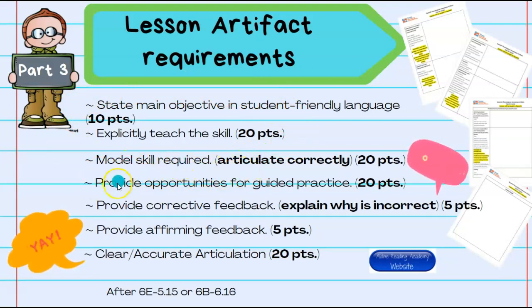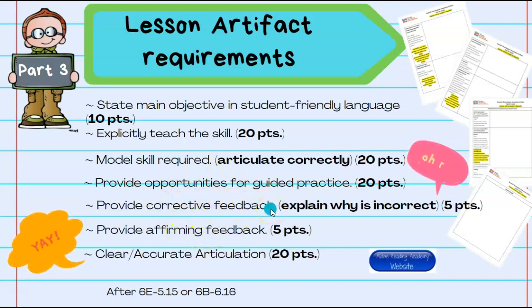Next, you will provide opportunities for your students to practice and respond. You're going to pretend that they're practicing and responding with the use of 2 more words. When you are pretending to provide your students with opportunities for guided practice, for one of those words that you choose, you're going to create a corrective feedback moment.